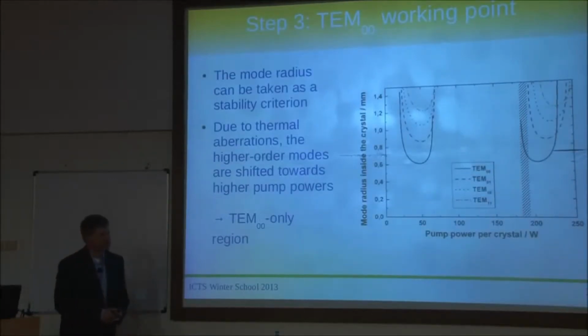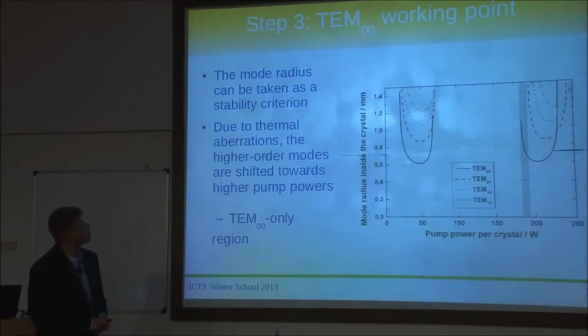What you can see furthermore, and I'm going to comment on that in the lecture on thermo-optical effects, is that the higher order modes observe a different stability range. So they are sort of bigger, and the thermal lens inside the crystal is aberrated, so they really see a different thermal lens. And that means that you need, in this case, more pump power to actually bring them to the second stability spot.